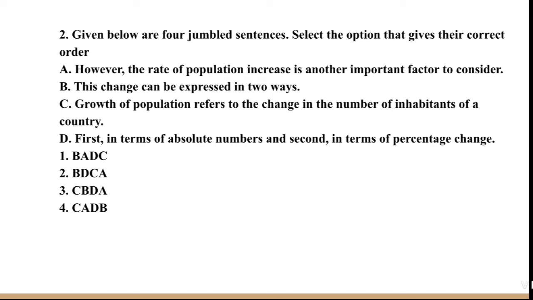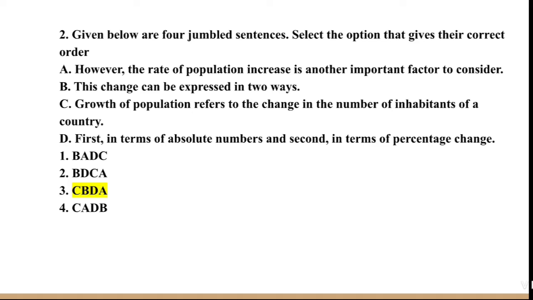The trick of ordering the sentences is to find out the opening line and the closing line. In this case, if you look closely, the opening line is C: Growth of population refers to the change in the number of inhabitants of a country. And the closing line is: However, the rate of population increase is another important factor to consider. So the order would be CBDA.